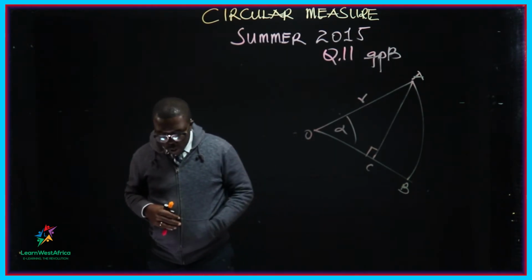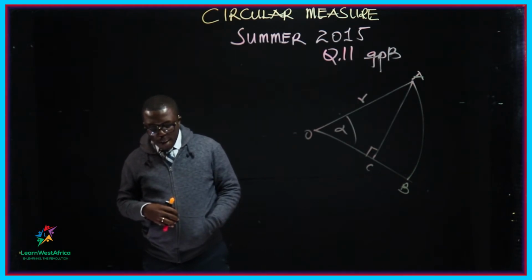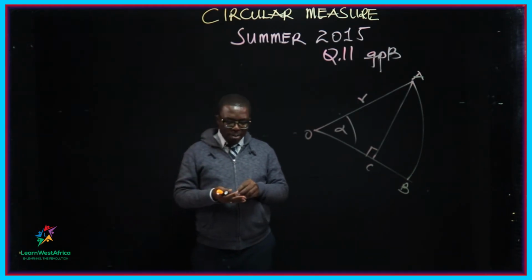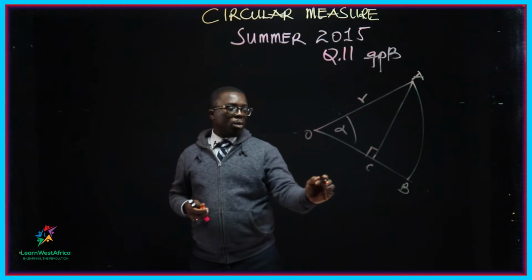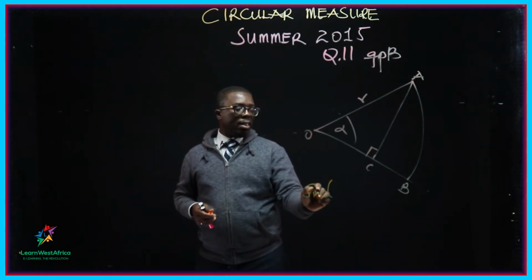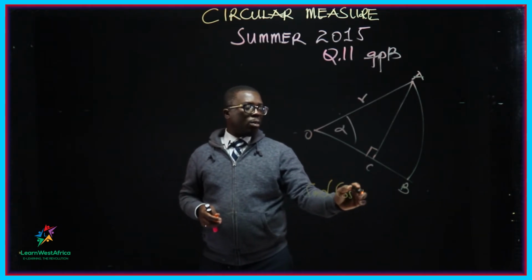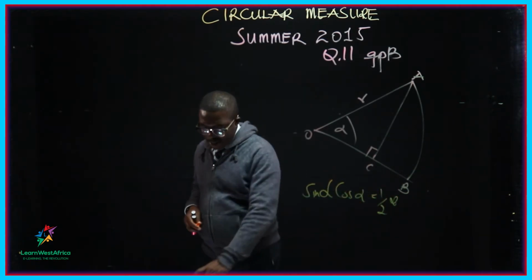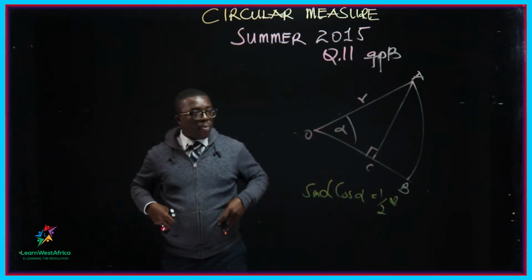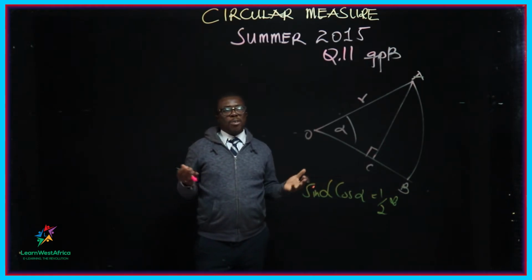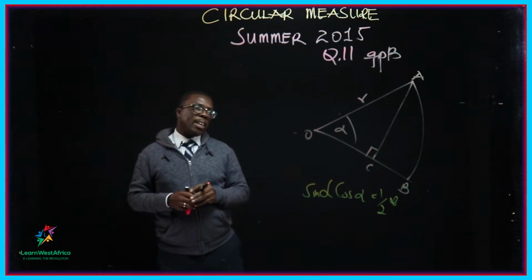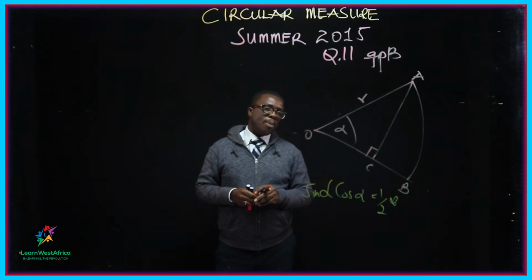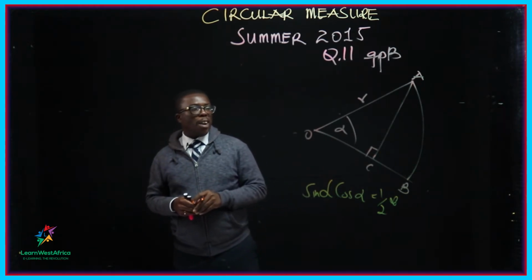We want to show that sine alpha cos alpha is equal to half alpha. So how do we establish that? Let's try and find sine alpha, then we also find cos alpha.